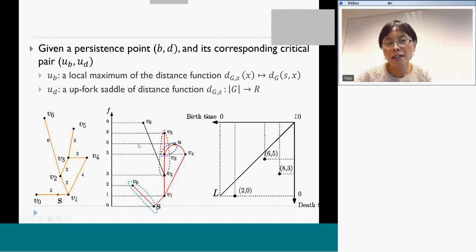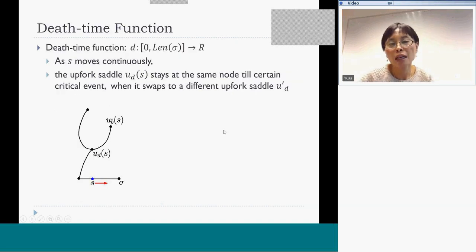So in order to understand the birth and the death time functions, we will also track what happens to the corresponding critical points. We'll mainly talk about the death time function, which is the easier case.